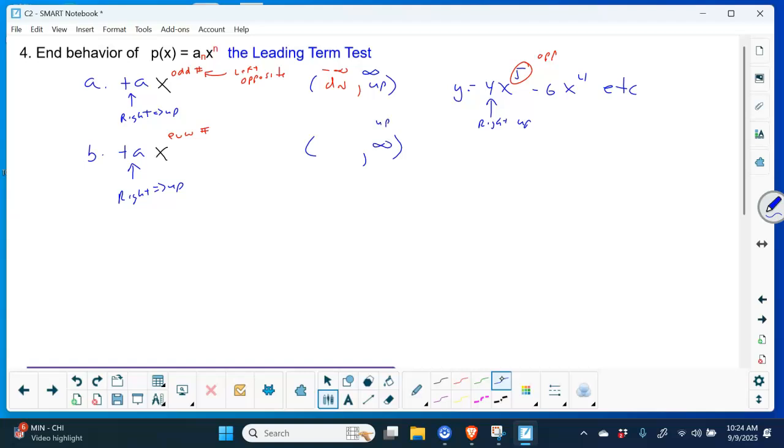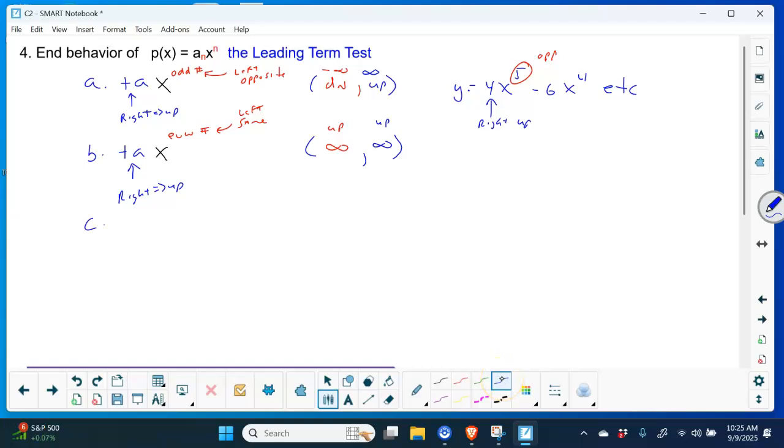And then the even tells you it's the same. So how does it start? How is the left? So the left is also up or infinity. So it's an up, up, and away in a beautiful balloon.